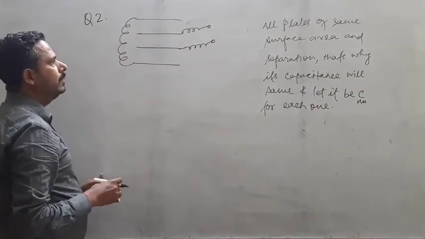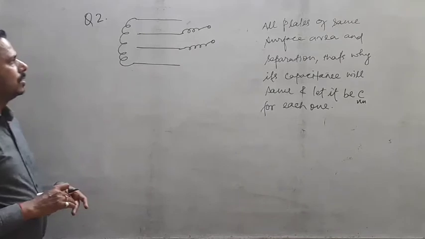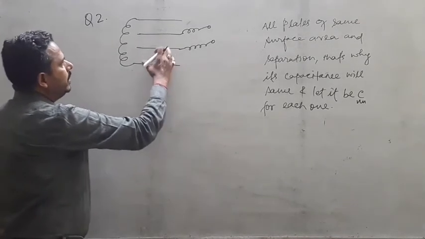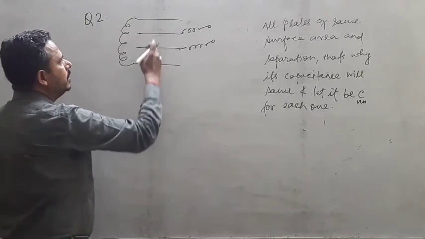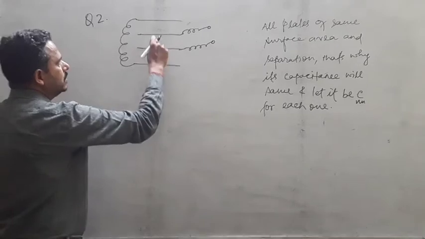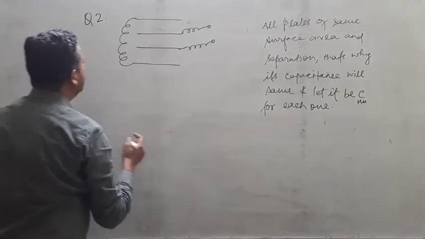Then you have to find the equivalent capacitance of the three capacitors. You see that if there are four plates, the number of capacitors will be one less, so that is 1, 2 and 3. There are three capacitors.